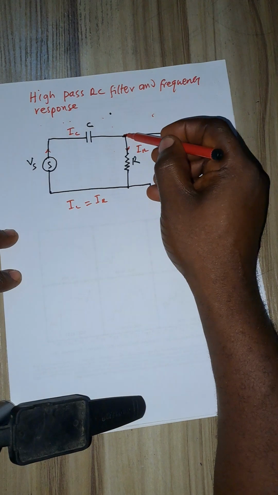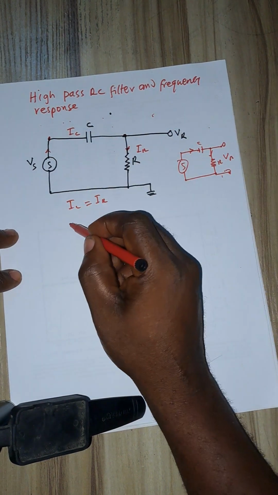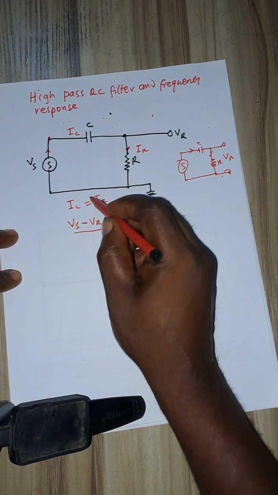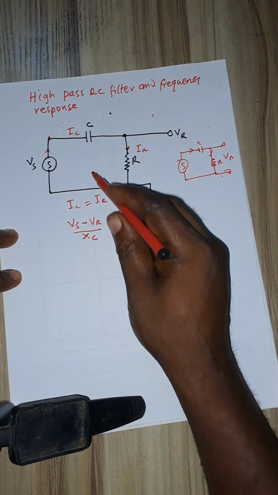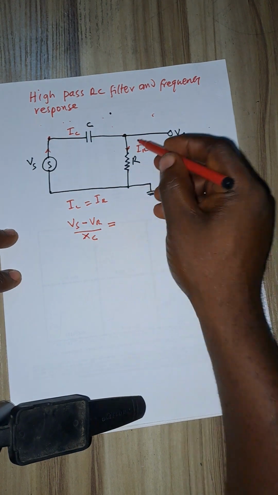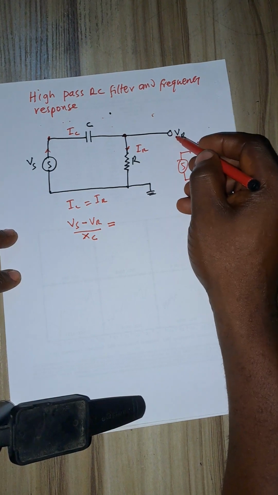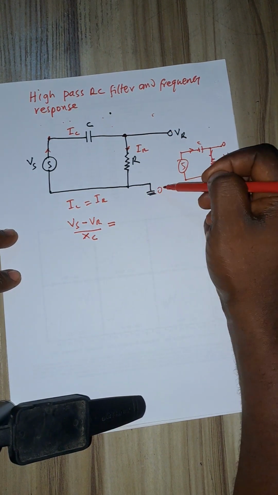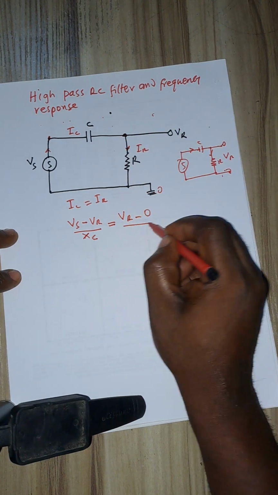So the difference will be Vs minus Vr divided by the capacitive reactance of this capacitor, which is the resistance offered by the capacitor. This has to be at a higher potential with respect to 0, so we have VR minus 0 divided by R.